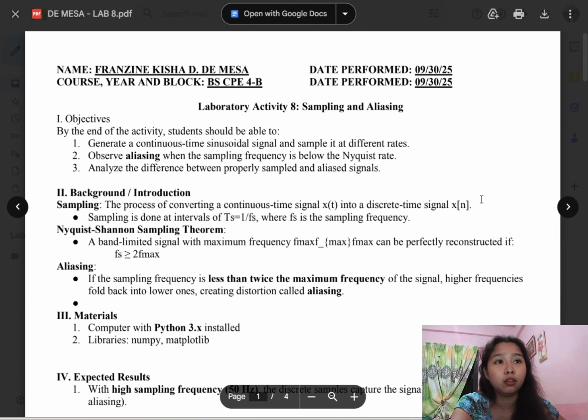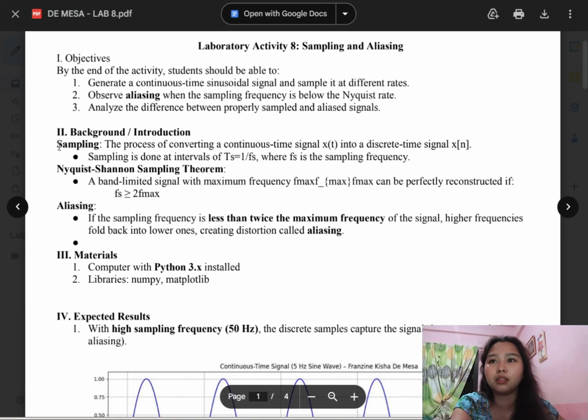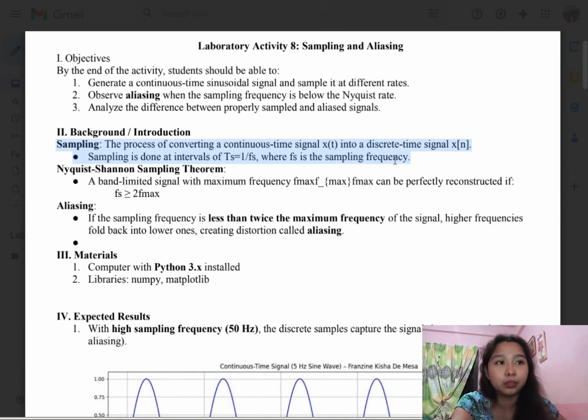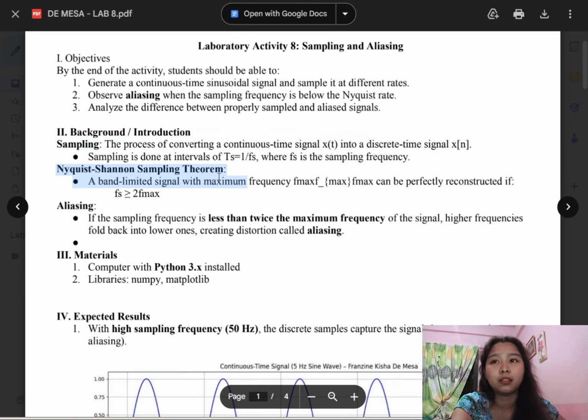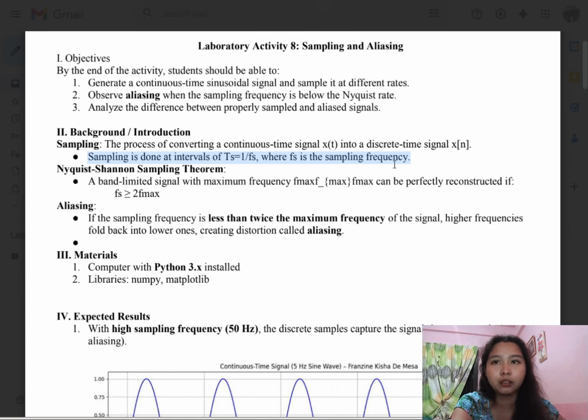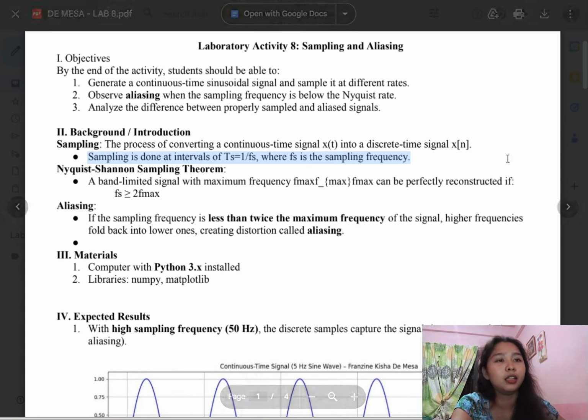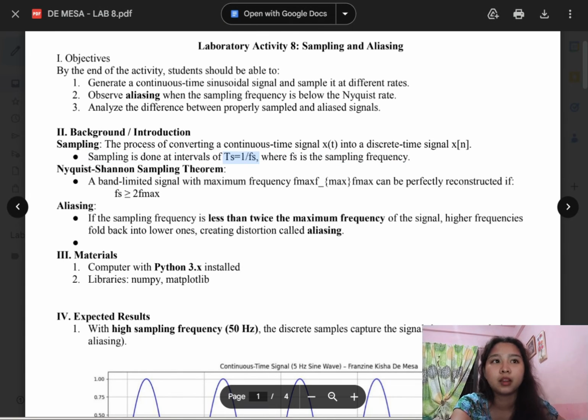Before diving into the code, let's briefly recall what sampling means. Sampling is the process of converting a continuous time signal, denoted as x of t, into a discrete time signal, x of n, and the rate at which samples are taken per second is called the sampling frequency, represented as f sub s.